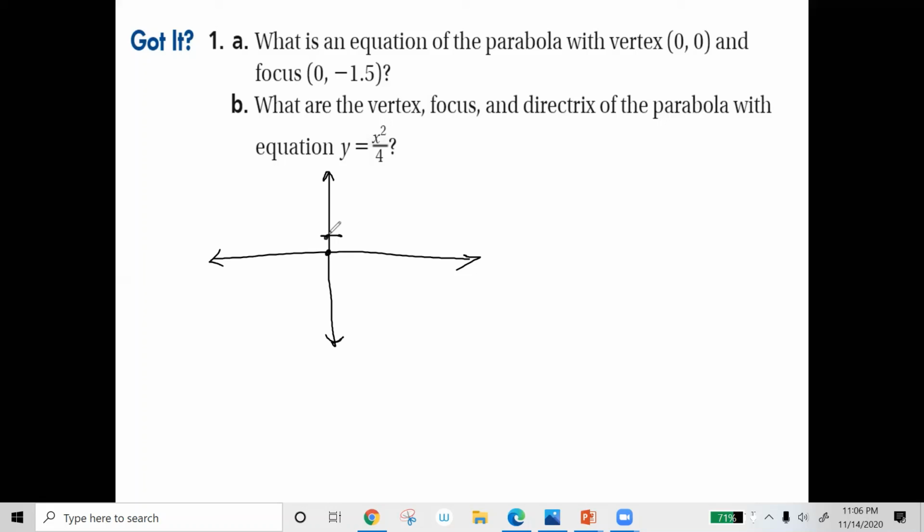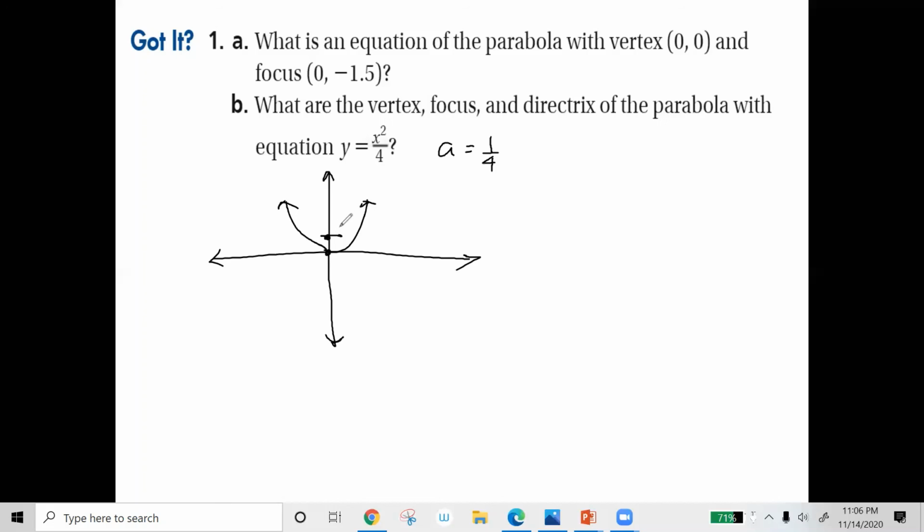So I will draw it here. Now, since we have a positive number for a, which is 1 over 4, our graph opens upward. The graph will be a U-shape that opens upward from the center or origin.